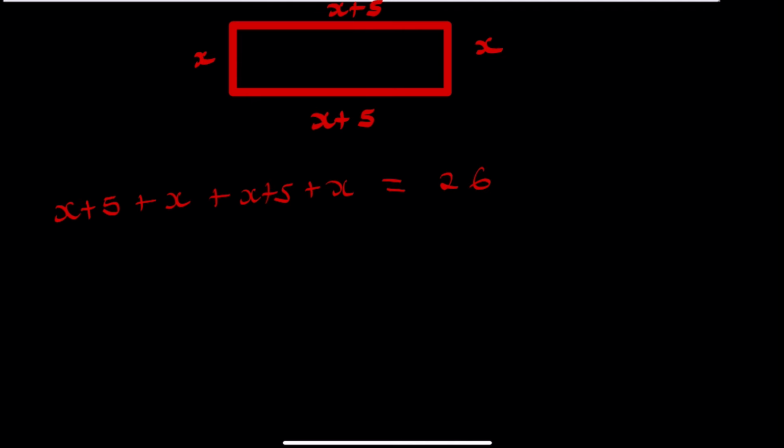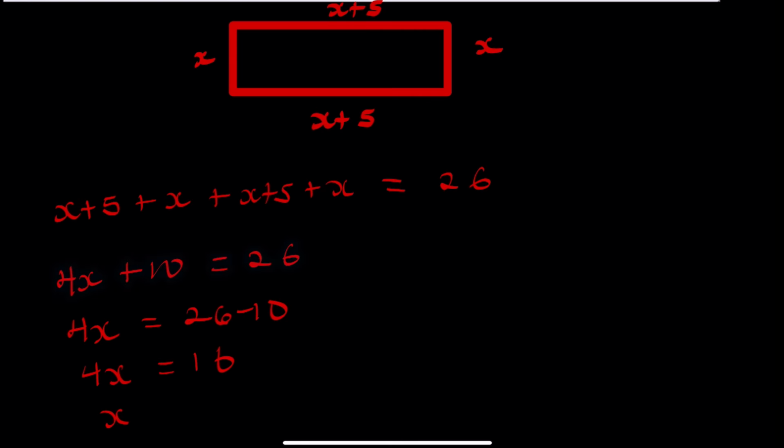We need to add the like terms. X plus X, 2X plus X, 3X plus X, that's 4X. 4X plus 5 plus 5 is 10, equal to 26. And so 4X is equal to 26 minus 10. Thus 4X is equal to 16, implying that X is equal to 4.